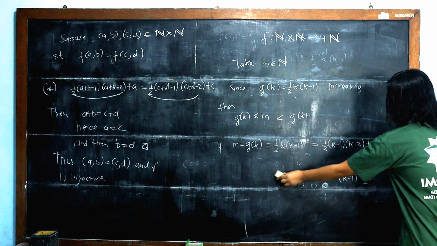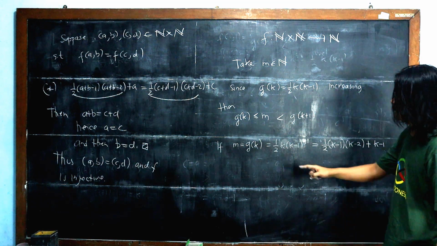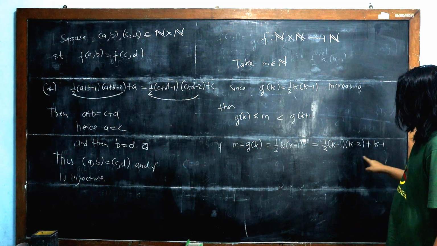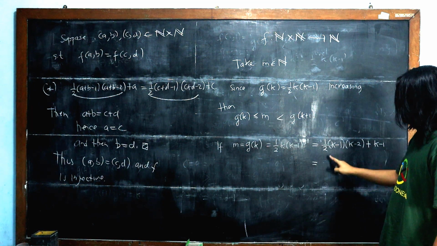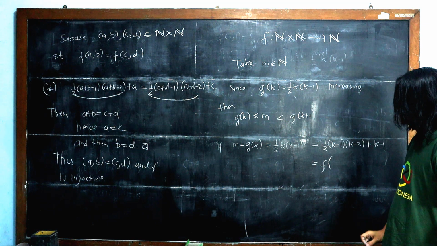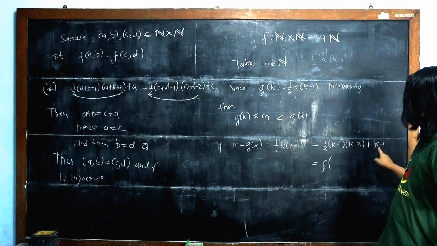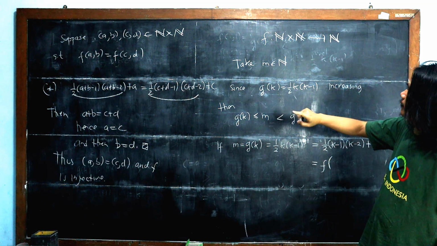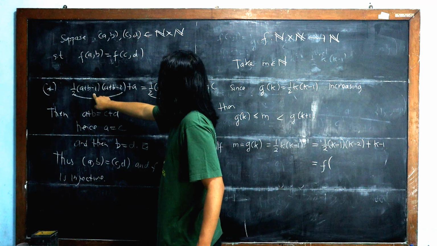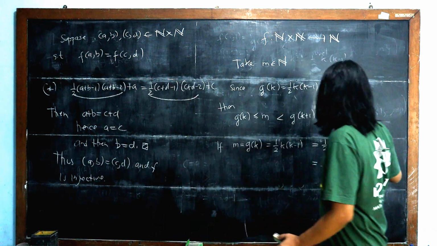Okay, so we have this. So if m is equal to g(k), then this g(k) can be written in this form, but this one is exactly f of (k minus 1, 1). Remember that this is the a, right? f(a, b) is like this. Right? So that number is the a. So the a is k minus 1.